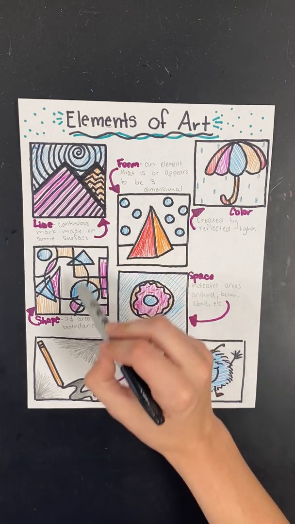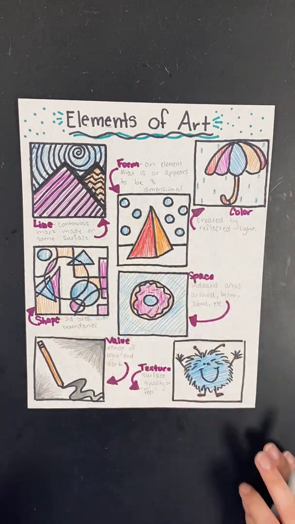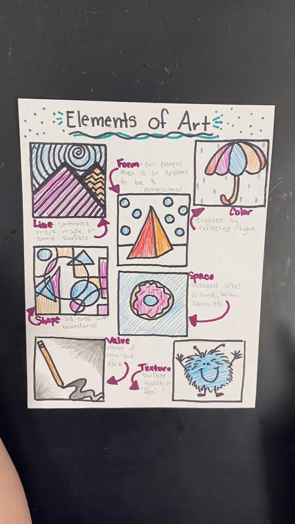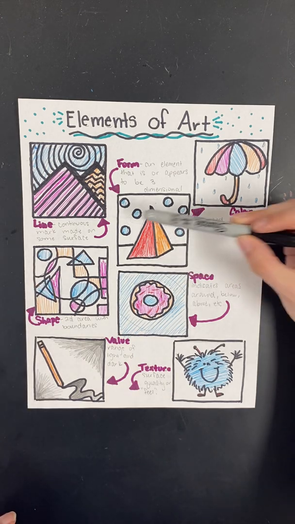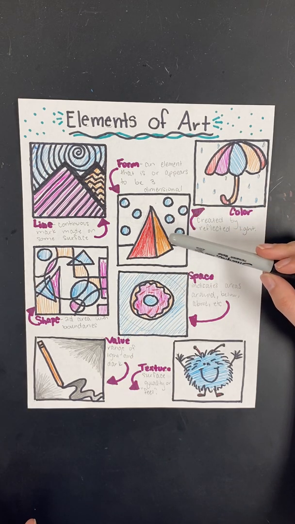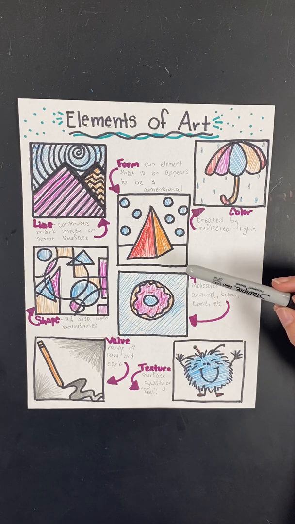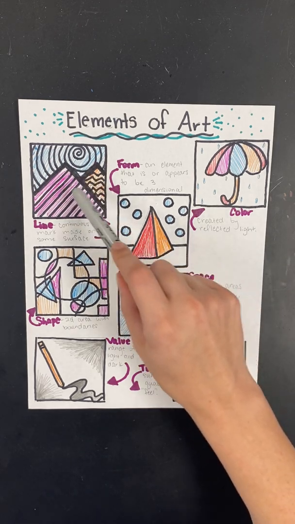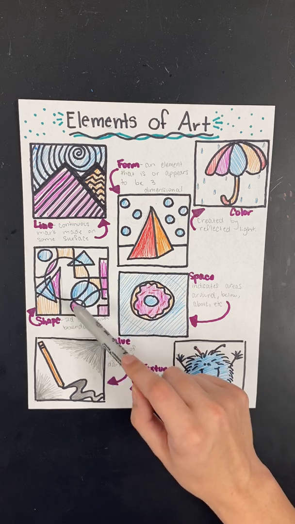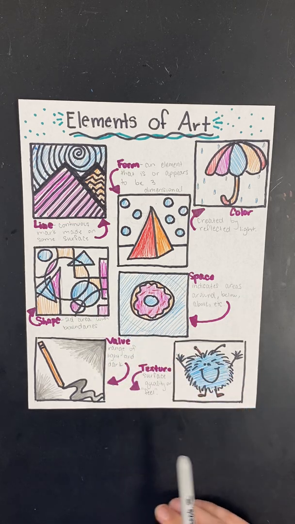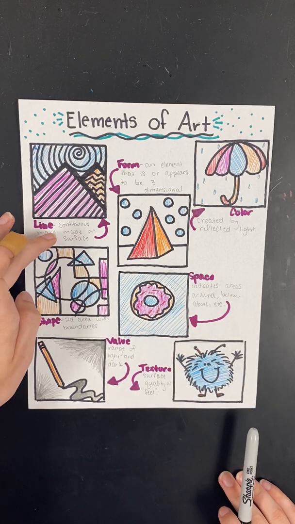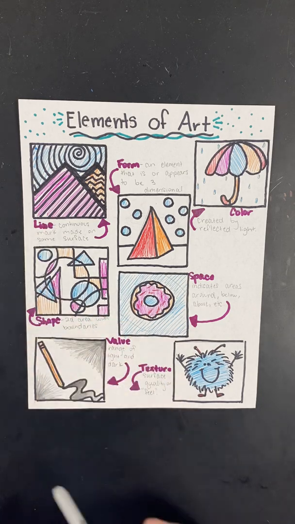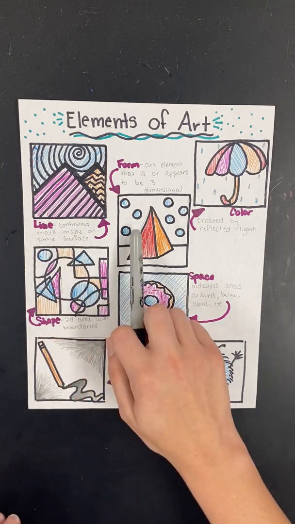All right, so you're gonna make a box, label them, and then in each box, you're gonna draw a picture that's gonna represent that specific element of art, okay? So line, you're gonna draw a picture with lines, shape, you're gonna draw a picture with shapes, etc. And then down next to where you drew your word under the box, you're gonna write the definition.